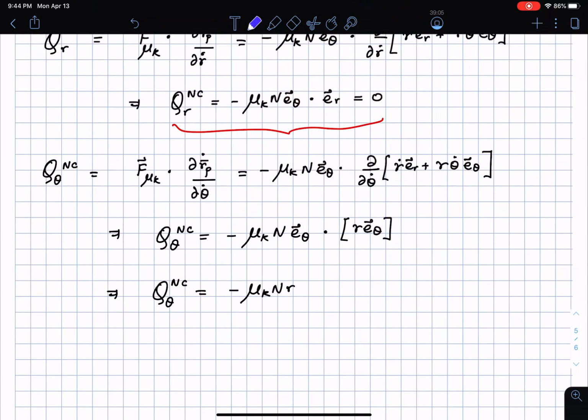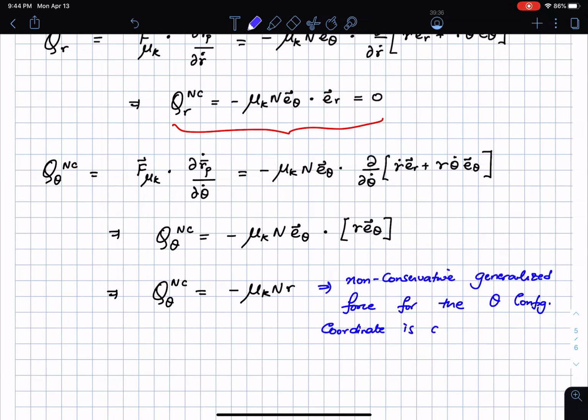So the non-conservative generalized force for the theta configuration coordinate is actually a moment.